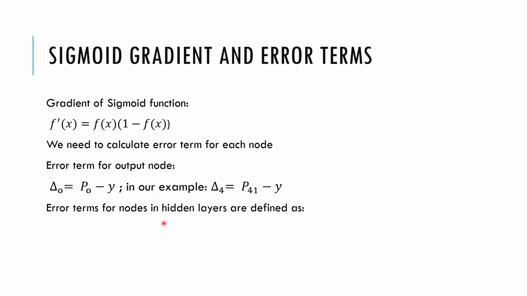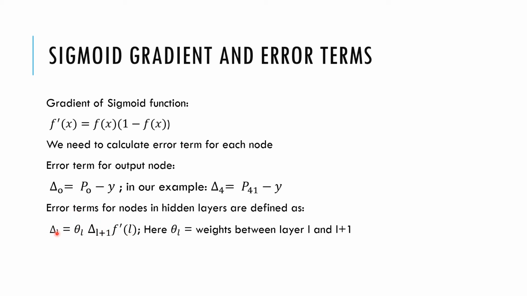Error terms for nodes in hidden layers are defined like this. Delta L is the error term for that node, and theta L is the coefficient corresponding to that node of that layer. L stands for layer here. And this is the error term from the next hidden layer.